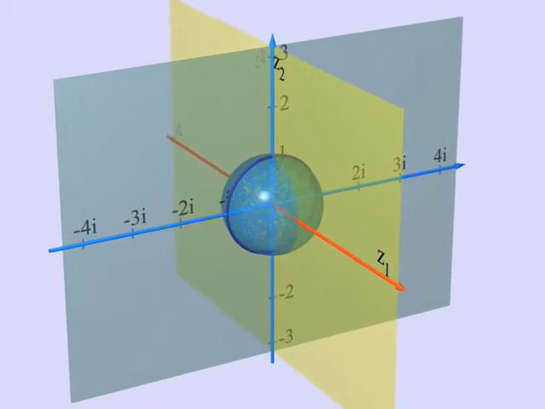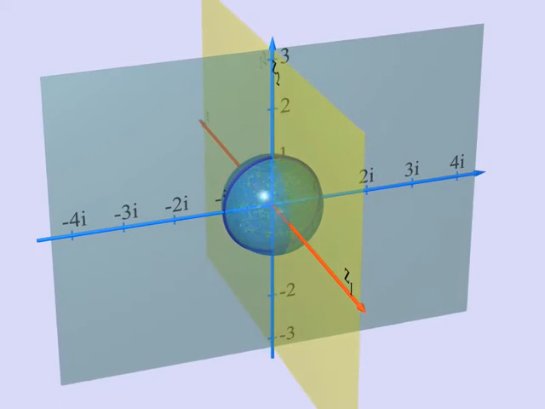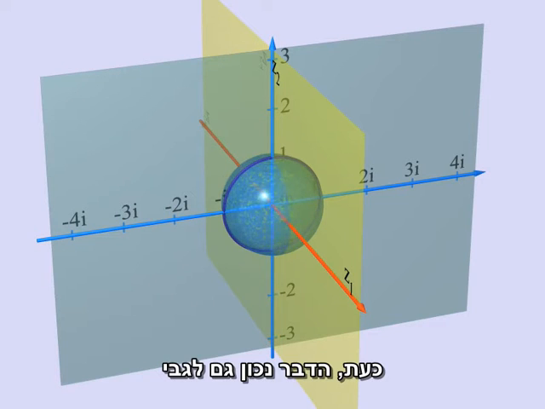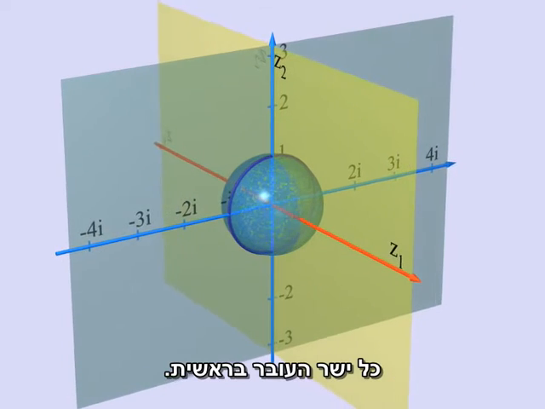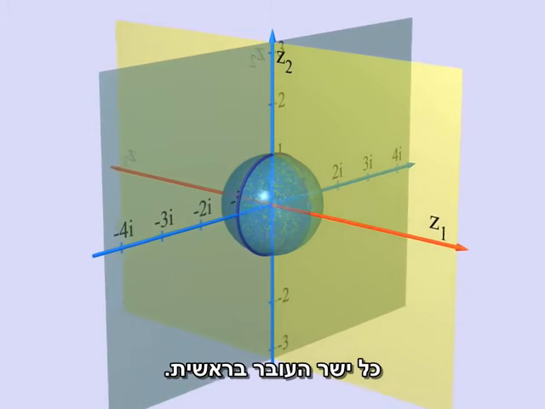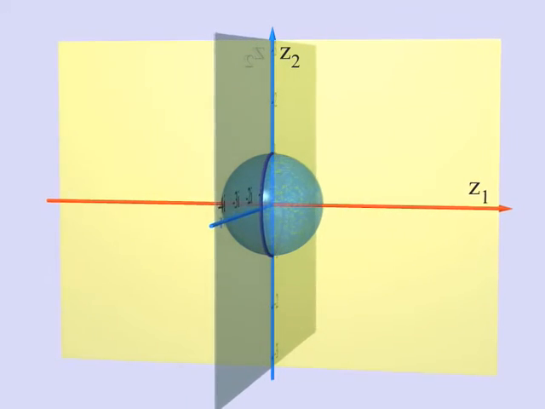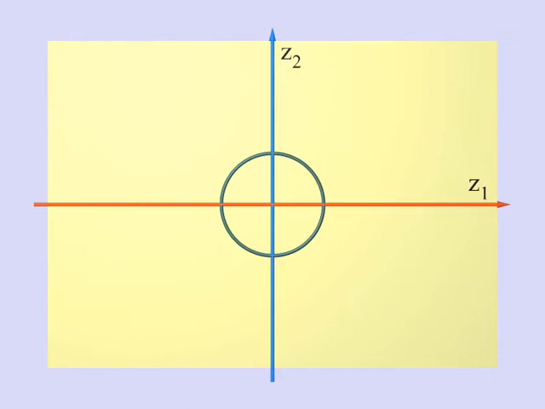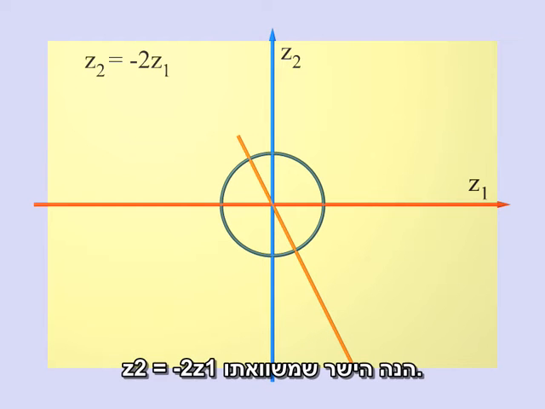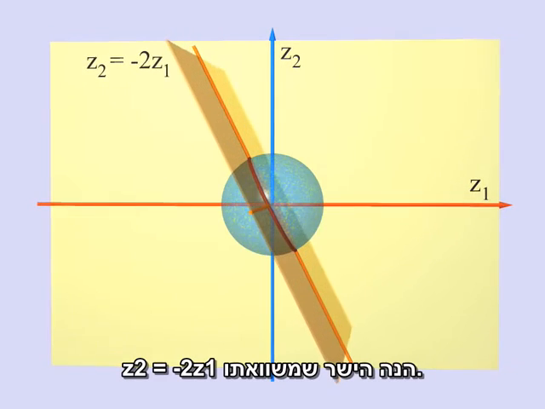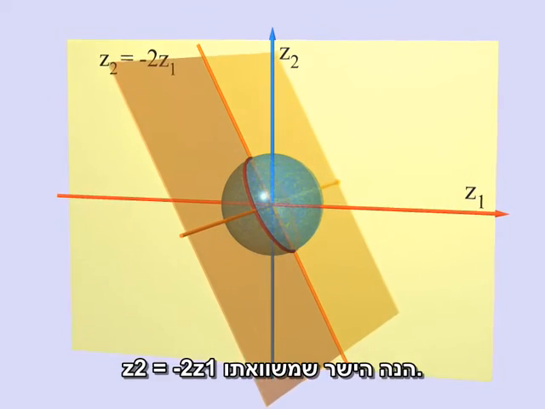Now what is true for the horizontal line and the vertical line is equally true for all lines going through the origin. Here you can see the line with equation z2 equal to minus 2 z1.